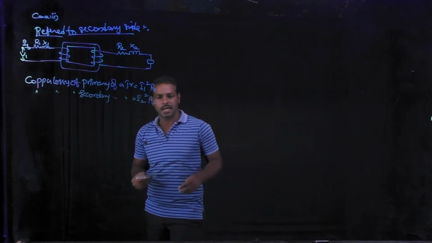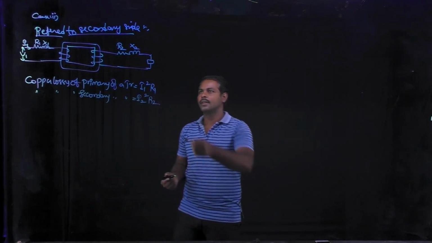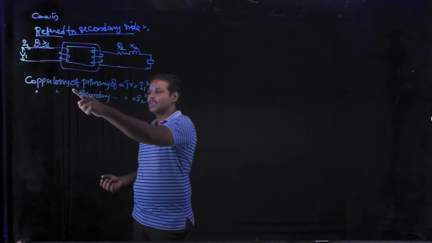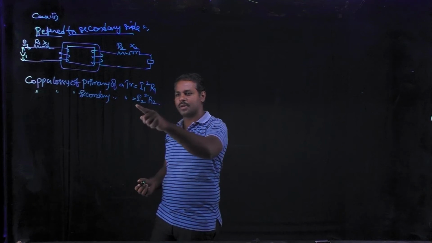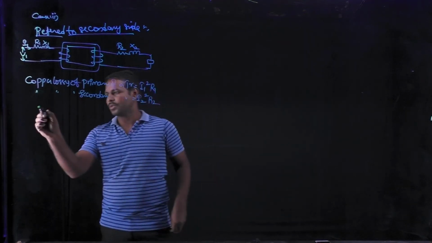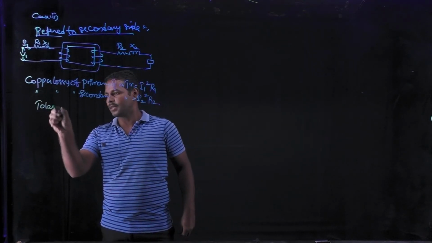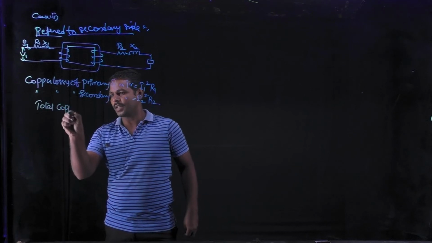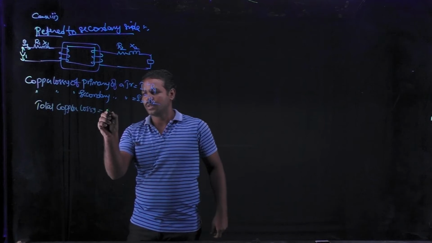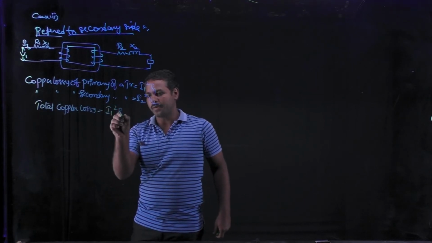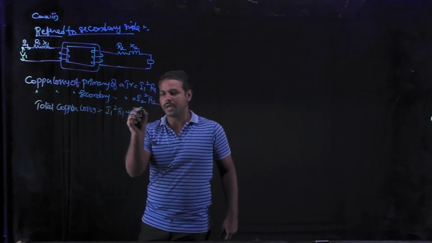Because copper losses always exist in resistances, that's why copper loss is to be calculated for resistance parameters, that's why I1 square into R1, I2 square into R2. So total copper losses is equal to I1 square R1 plus I2 square R2.